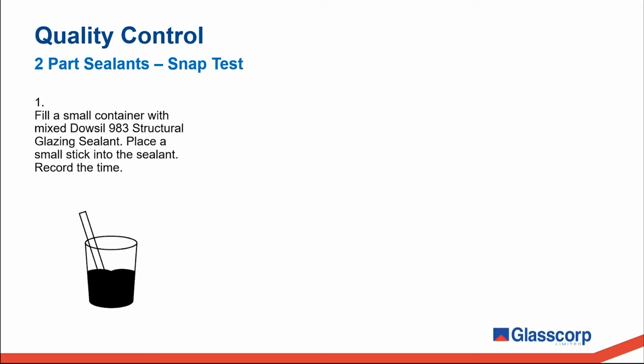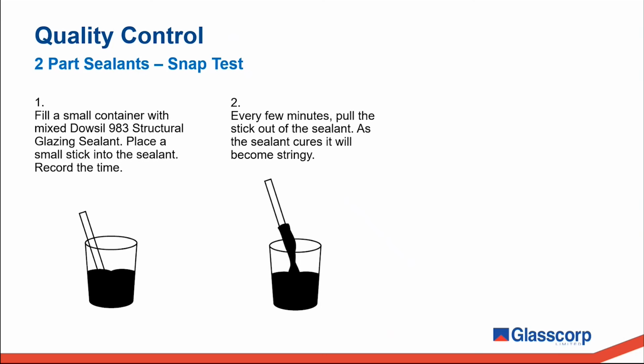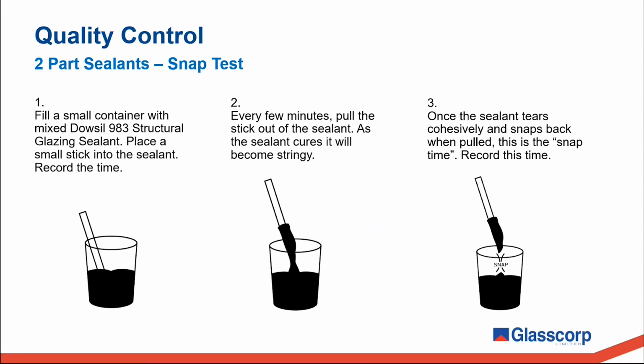This will be your start time. Every few minutes, pull the stick out of the sealant to observe how it's curing. As the sealant starts to cure, it will start to become stringy. Once the sealant tears cohesively and snaps back once it's pulled, the snap time has been reached. Note down the snap time in your QA logs and on the sample itself.